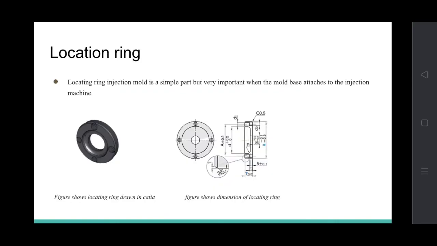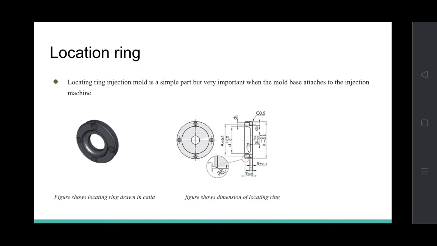Next slide, the locating ring. The locating ring of an injection mold is a simple part but very important when the mold base is attached to the injection machine. It is used to locate or align the sprue of the mold and the nozzle of the injection machine. It is usually in the center of the mold, though sometimes it is offset.